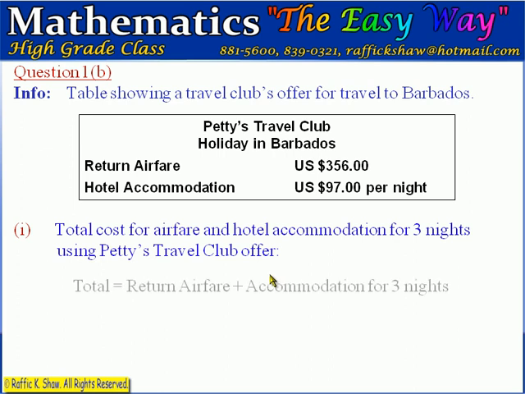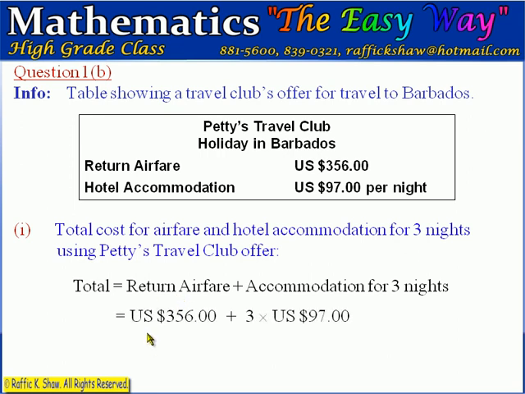And to do this calculation, we simply add the return fare to the accommodation for 3 nights. And since the hotel accommodation rate is $97 per night US, we simply multiply this $97 by 3 to cover the cost for 3 nights of accommodation. And the return airfare is a one-time charge.